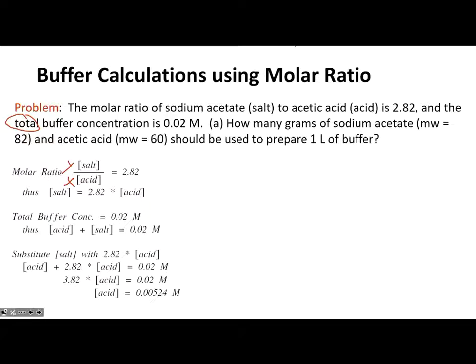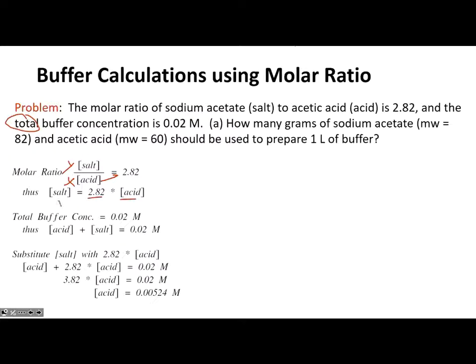What we need is to solve for one of those or the other. We can't have two variables in the same place. So let's just solve for the salt. If I solve for just the salt, couldn't I say that salt is equal to 2.82 times the acid concentration? You see where I just canceled this out? I basically just moved this over here, and that's how I get this over this.